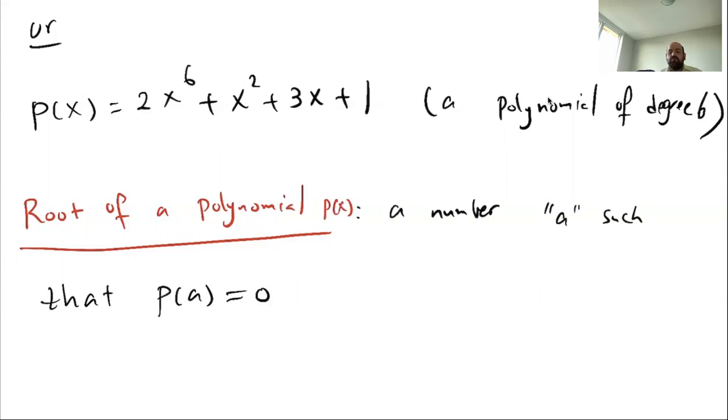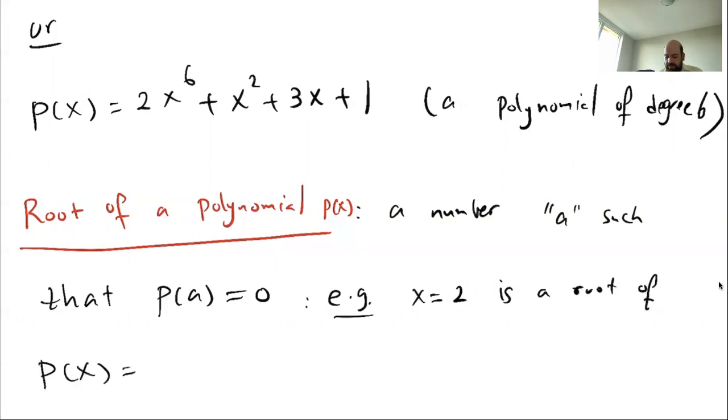That's the meaning of a root or zero of a polynomial: a number that when you replace X with that value, you get 0. For example, X equals 2 is a root of P of X equals X squared minus 4, because when you replace X with 2, you get 0.